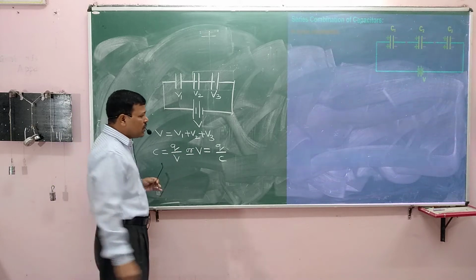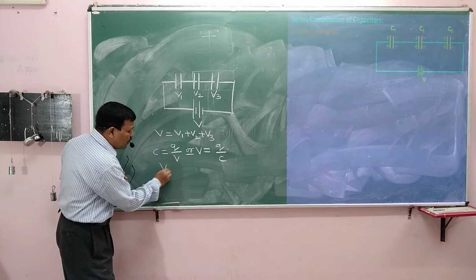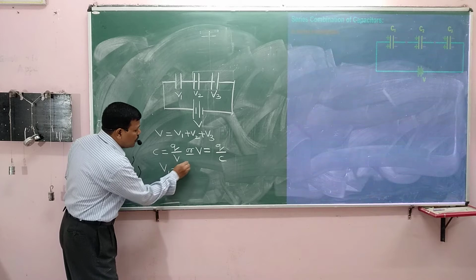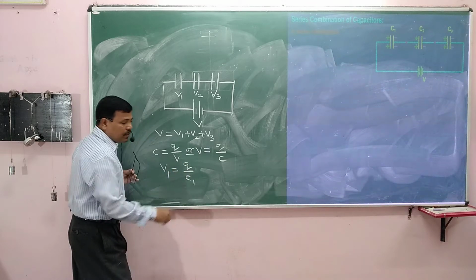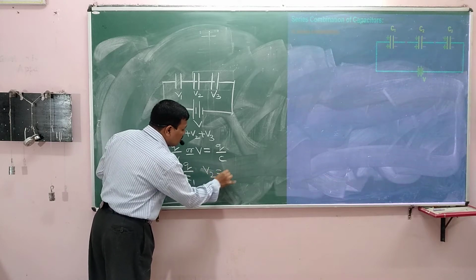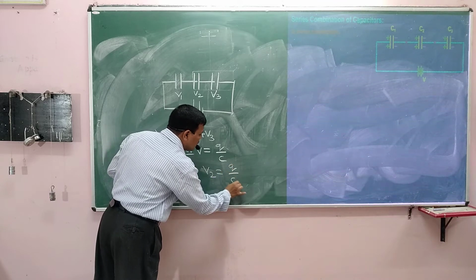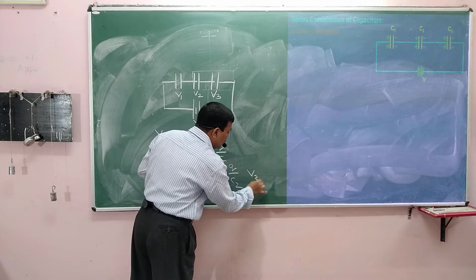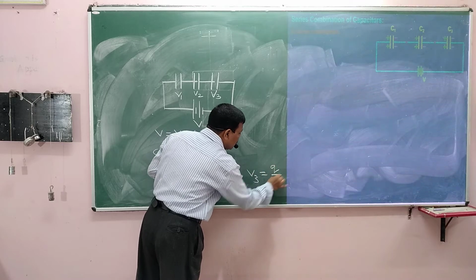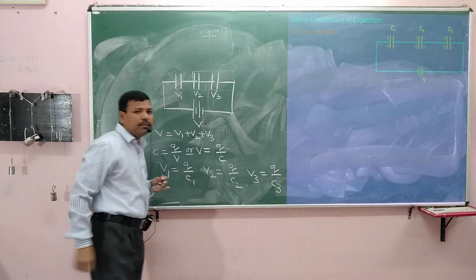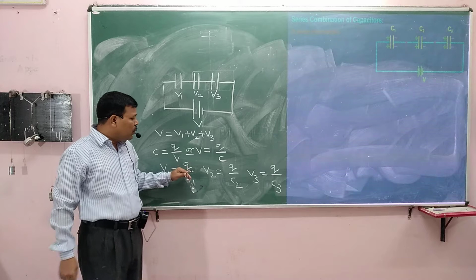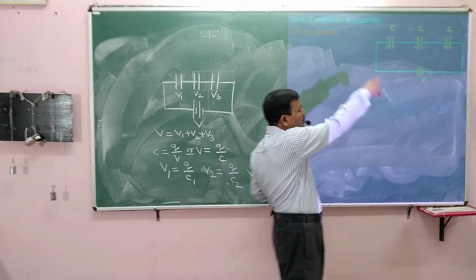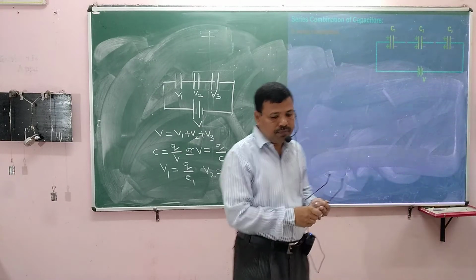So by using this, we can write that V1 is equal to Q by C1, V2 is equal to Q by C2, and V3 is equal to Q by C3. Q is same because charge acquired by each capacitor is same.